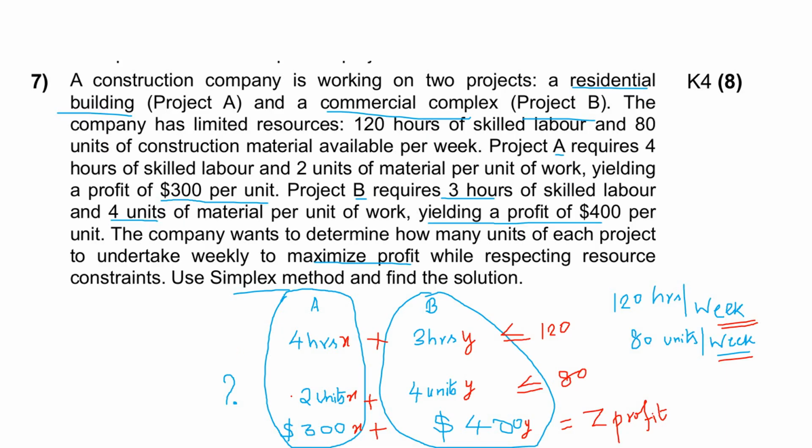Once the formulation is done, 90% of the problem is done. The rest is nothing but manipulating the values by means of row operations. So we are going to apply the simplex method to maximize the profit. This is a maximization problem, and most students study this in operations research also.